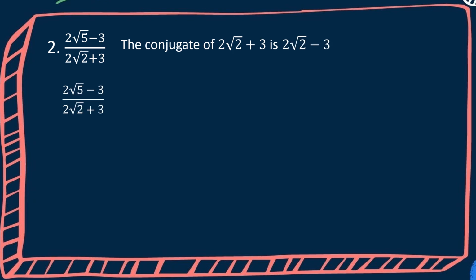We copy the quotient of the difference of 2 square root of 5 and 3 and the sum of 2 square root of 2 and 3. The numerator and the denominator will now be multiplied by the conjugate. So we'll have times the quotient of the difference of 2 square root of 2 and 3 and the difference of 2 square root of 2 and 3.